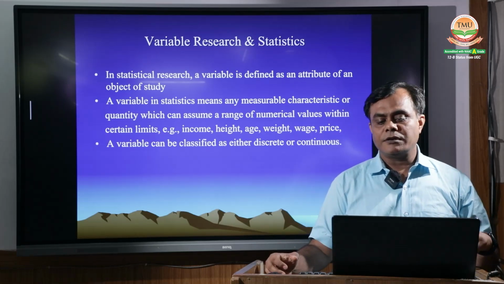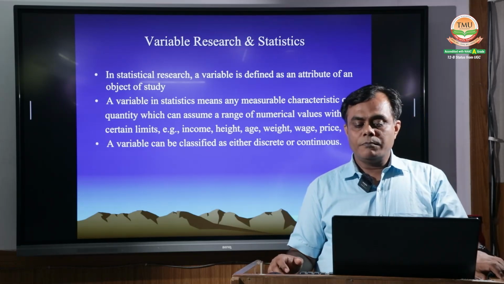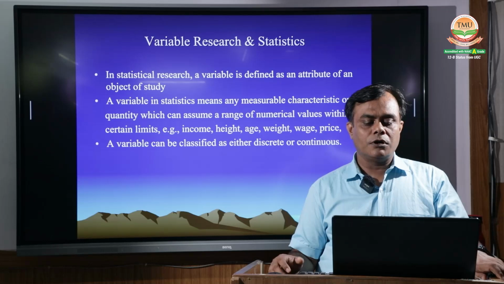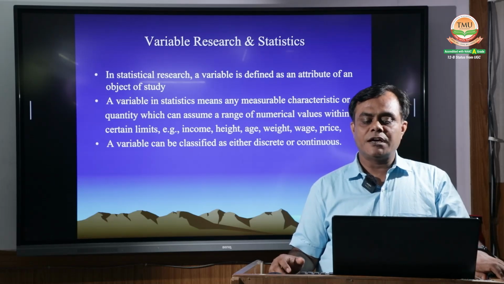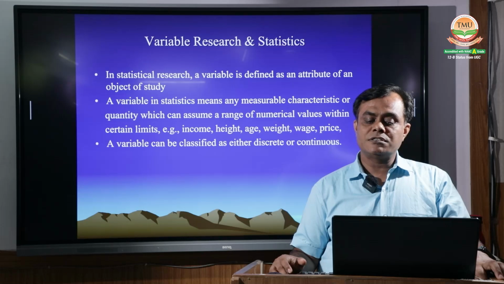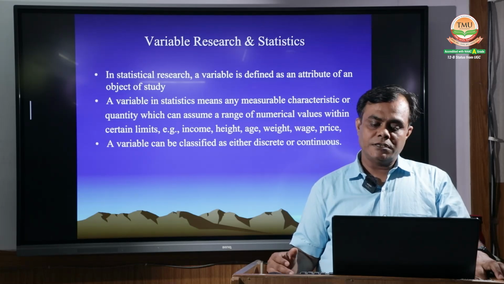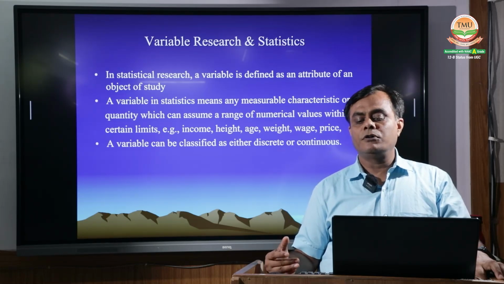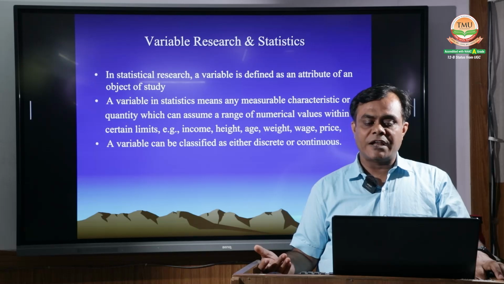A variable in statistics means any measurable characteristic or quantity which can assume a range of numerical values within a certain limit, such as income, height, age, weight, wage, or price.